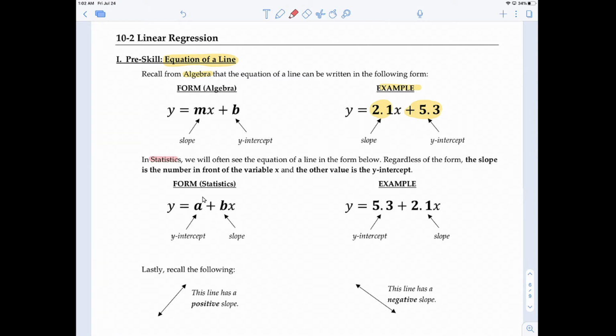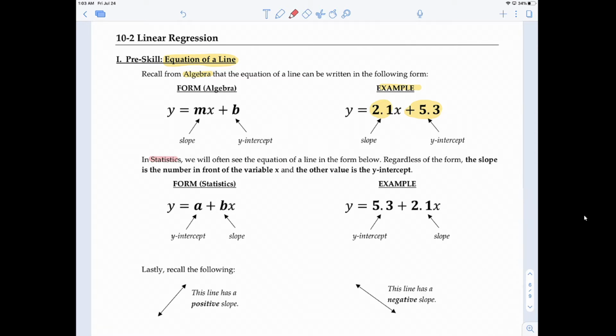And sometimes they use a for the y-intercept and b for the slope, and sometimes they switch it around. But just know that the value in front of x is always your slope. So here's your slope here, the value in front of x. Here's your slope, b is your slope here, the value that's in front of x.